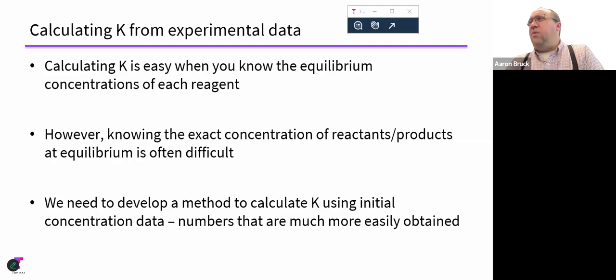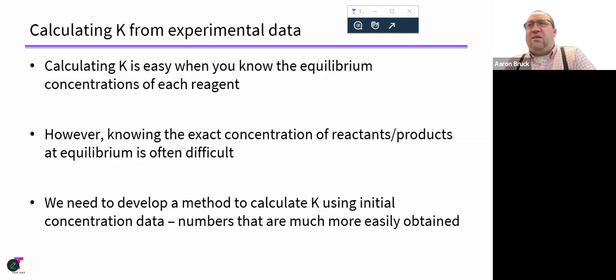But when we actually go to use this kind of information in practice, that's usually not what we end up doing. It's really difficult to know the exact concentrations of our reactants and our products unless we do a little bit of legwork. Now, in the lab yesterday, we saw what some of that legwork can look like.